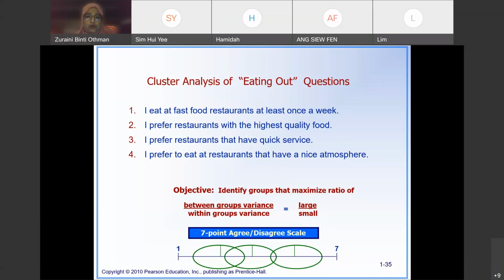First, we have to do a cluster analysis to know the types of people in that area. We want to identify groups of people in that area so that it will help us predict what restaurant we have to build there. This is what cluster analysis is.